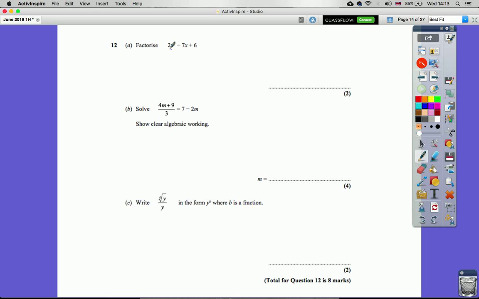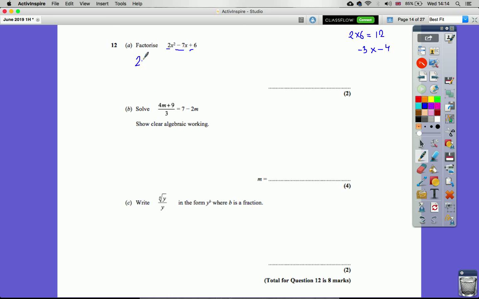So first we take the 2 and the 6 and multiply them together, which gives you 12. Now I'm looking for two numbers that, when we multiply, give 12 and, when you add, give negative 7. In this case, the numbers will be negative 3 and negative 4. Negative 3 times negative 4 is positive 12, and when you add them, you get the middle term, which is negative 7.